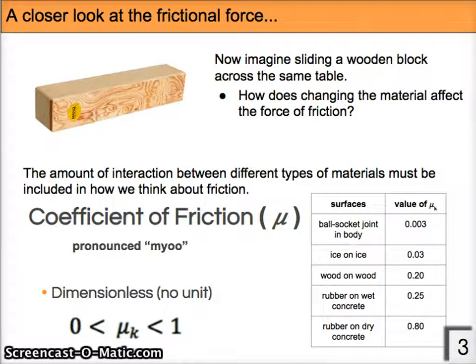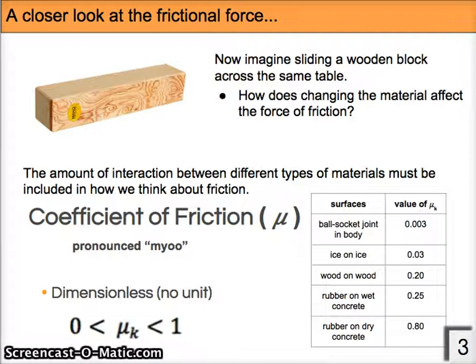But something like wood on wood, like we were just looking at, that would be 0.2 as a typical value of mu. And then if it was more like rubber or like an eraser type thing, it's going to be a little bit bigger of a value of mu. If you think about car tires on wet concrete versus dry concrete, things are much more slippery on the wet concrete.